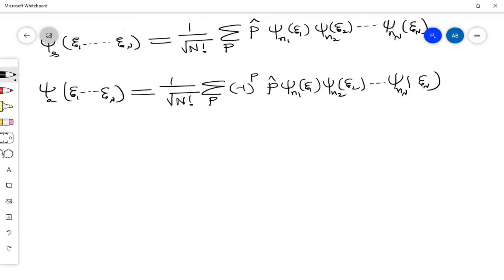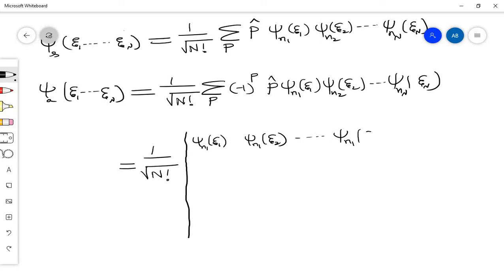So the determinant will be as follows. It is the n by n matrix, with 1 by square root of n factorial in front. The first row is psi n1 E1, psi n1 E2, and so on, psi n1 En. Next, psi n2 E1, psi n2 E2, and so on, psi n2 En.